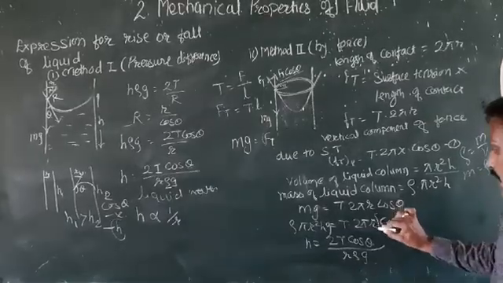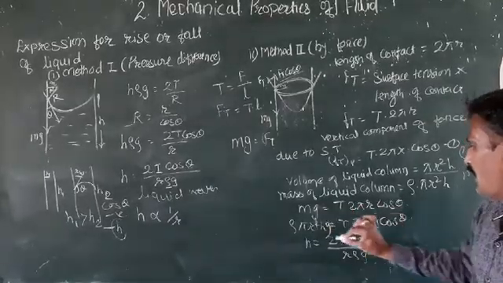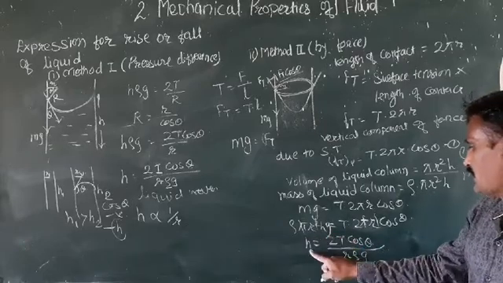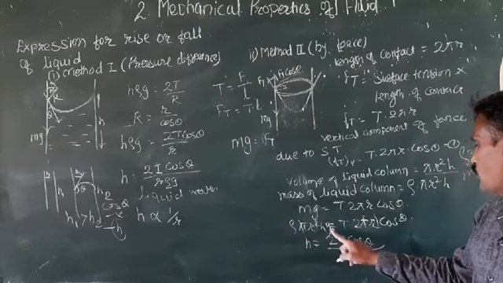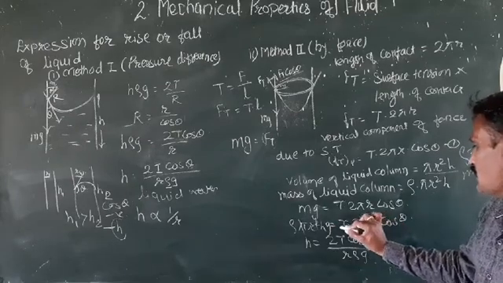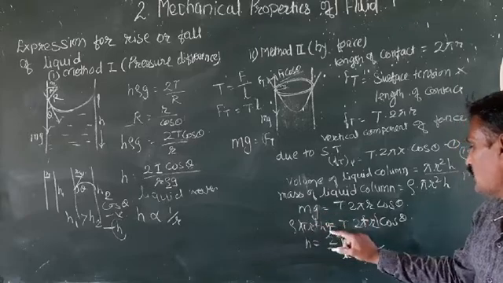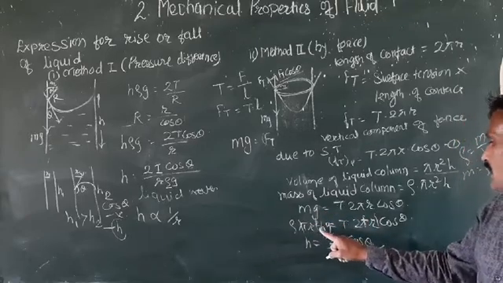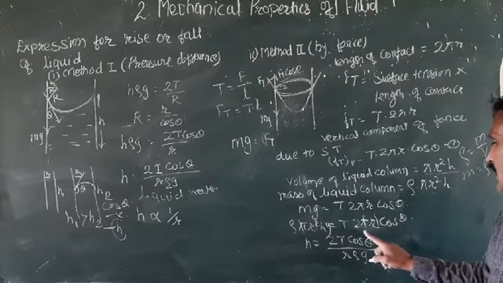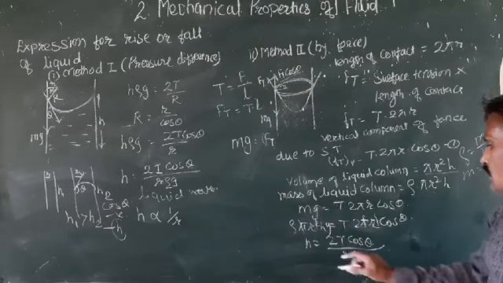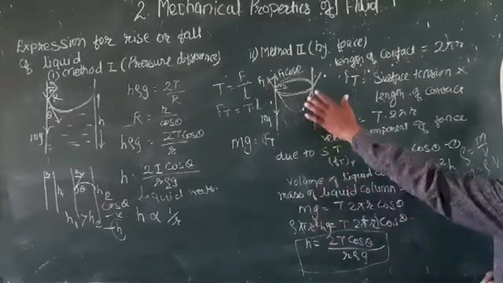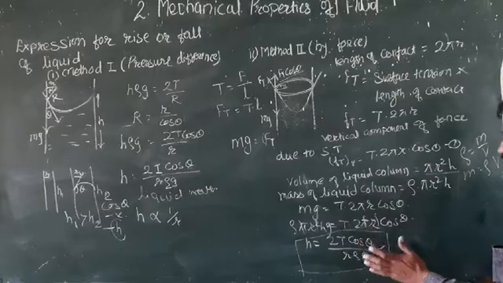So one r gets cancelled, pi gets cancelled, and bringing rho g to this side, we get h is equal to 2T cos theta divided by r rho g. So this is the expression for the height of the liquid in the capillary tube.